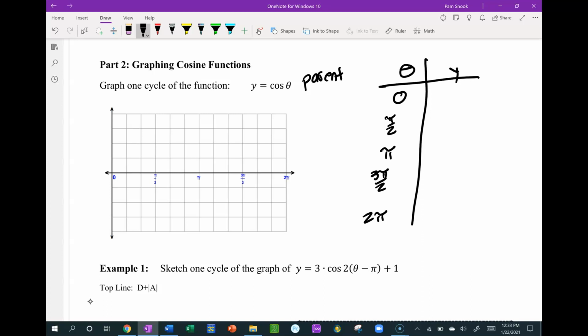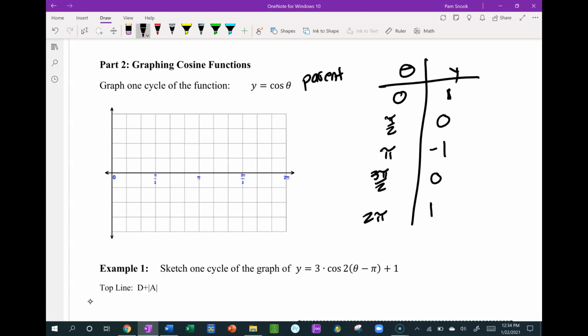Now the difference between sine and cosine is the y coordinates. The cosine of 0 is 1. Cosine of pi over 2 is 0. Cosine of pi is -1. Cosine of 3 pi over 2 is 0. And the cosine of 2 pi is 1. And you can look these values up on the chart in your book.